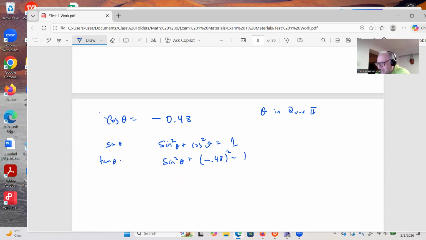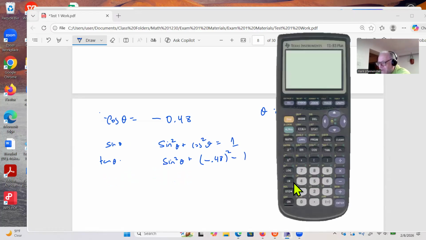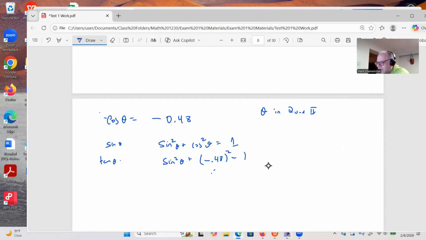The negative is going to turn into a positive because we're squaring it, right? So don't square a negative number and get a negative number. So it's going to be 0.48 squared, and that's going to be 0.2304.